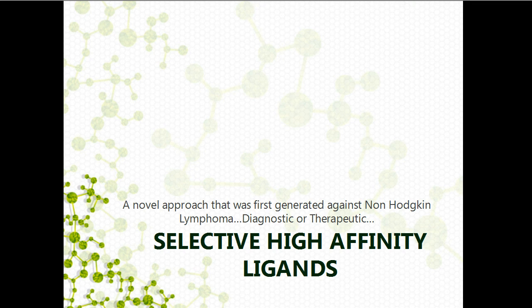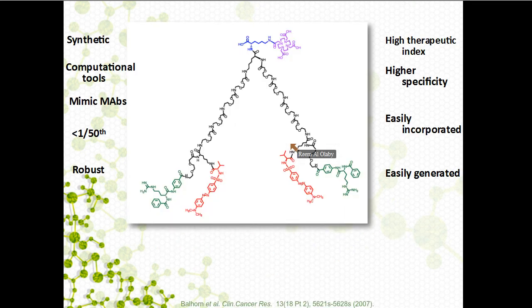So what are the selective high affinity ligands? They are synthetic compounds that are generated with the help of computational biology tools. They mimic monoclonal antibodies, but they are 1/50th the size of monoclonal antibodies. They are robust, so they can stand long shelf lives. They were found to have a high therapeutic index and high specificity, and they can be easily incorporated.